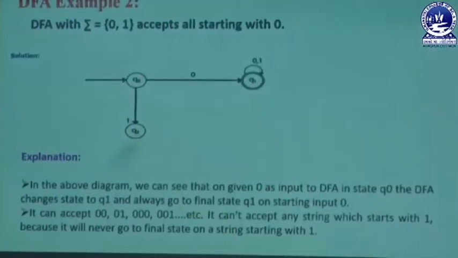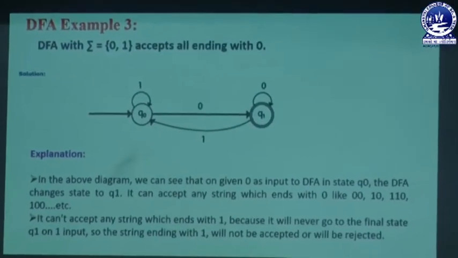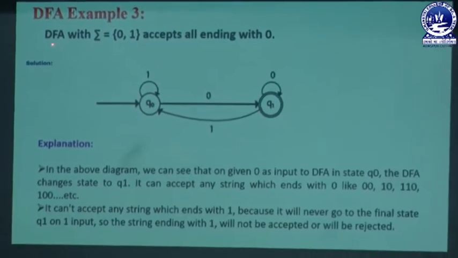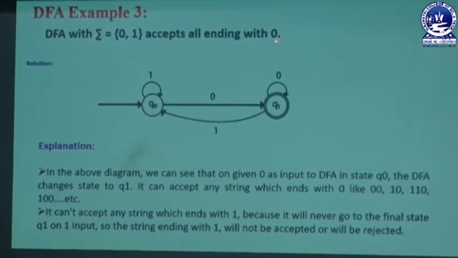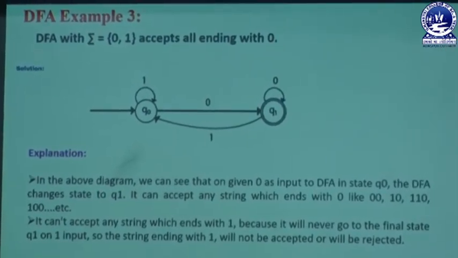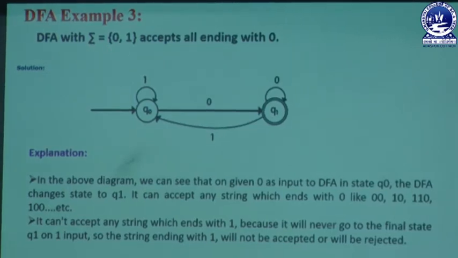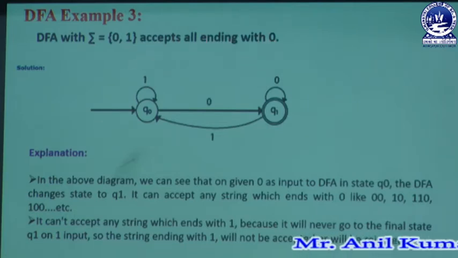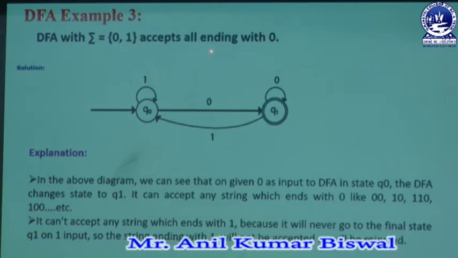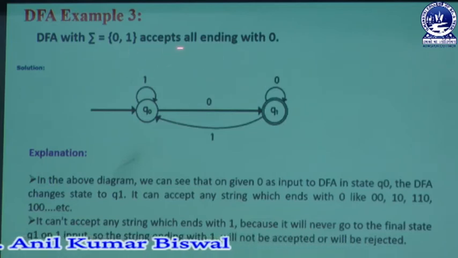Next we are going to discuss the example which is related to how to create a DFA accepting all strings ending with 0. That means if a user wants to create a DFA diagram with the input symbols 0 or 1, which accepts all strings ending with 0, that is one very easy way to create that formation.